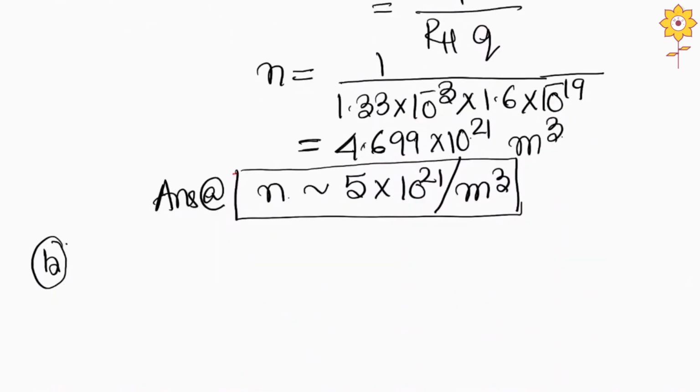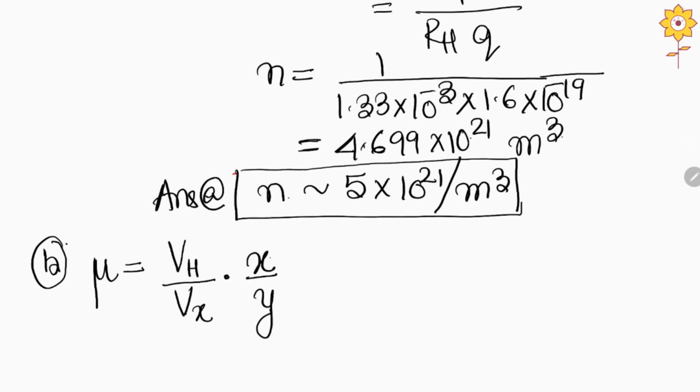Okay, so we already have a ready-made formula for that. Your mu is equal to your VH, which is the Hall voltage, divided by the voltage due to which the current flows, into X upon Y. Look, the dimensions that I have taken align very well with this coordinate system: this is Z, this is Y, and this is X, and then 1 upon BZ.